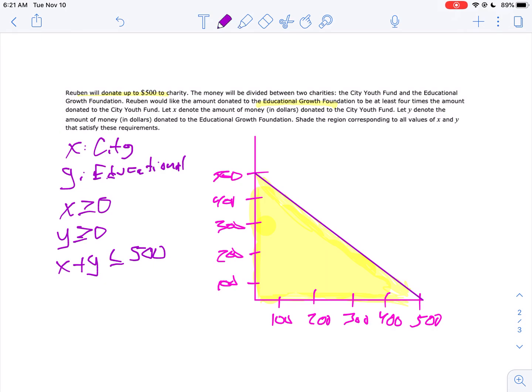In other words, we want Y to be greater than or equal to 4X. Not 40, but 4X. Well, because my scale is so big, I'm going to rewrite 4. I'm going to multiply by 100. So 4 is 400 over 100. So I know my y-intercept is 0.